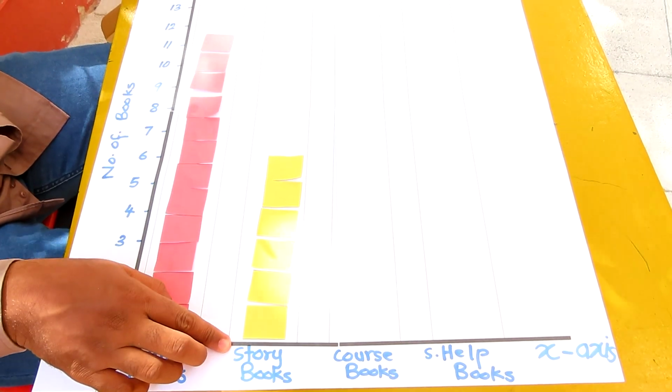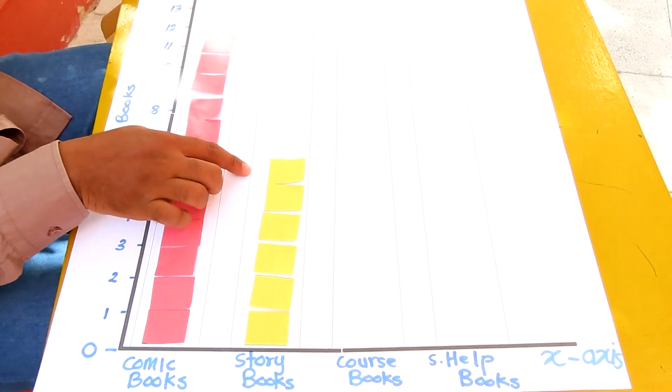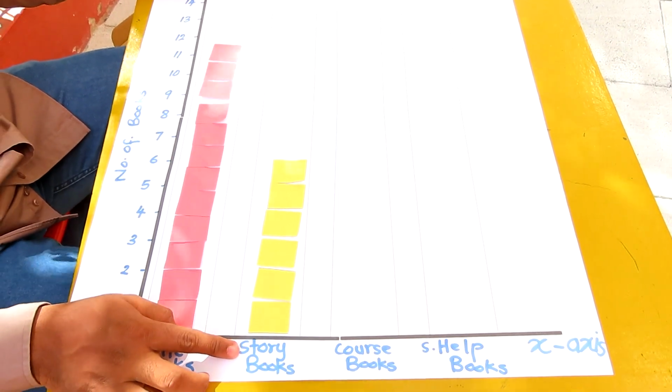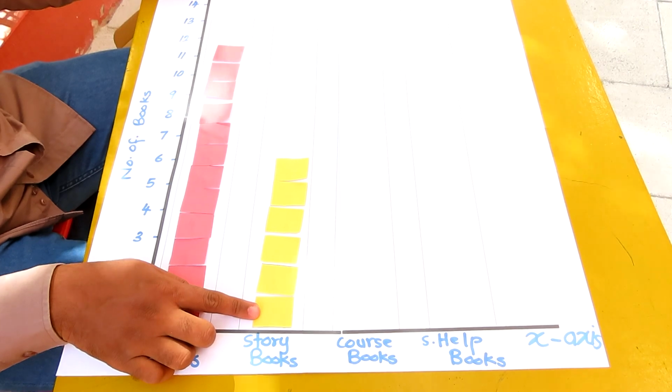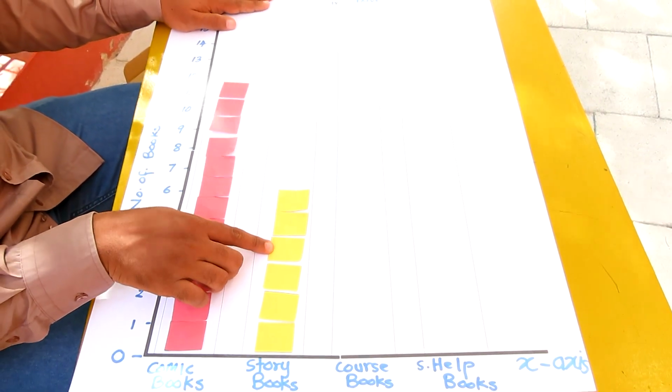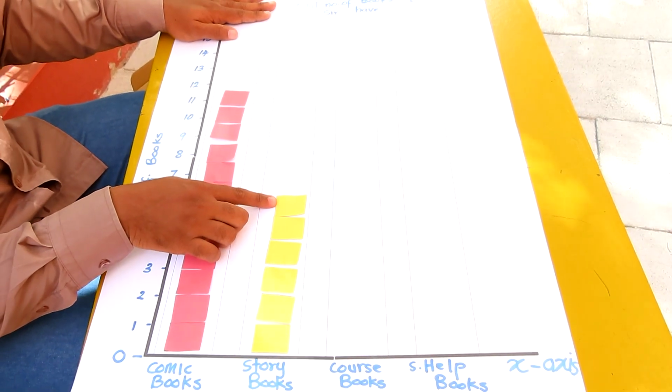So I have used 6 yellow counters to represent the total number of story books I have.